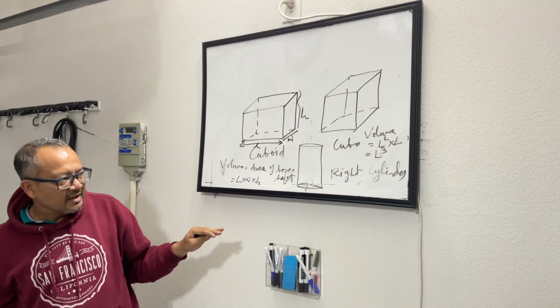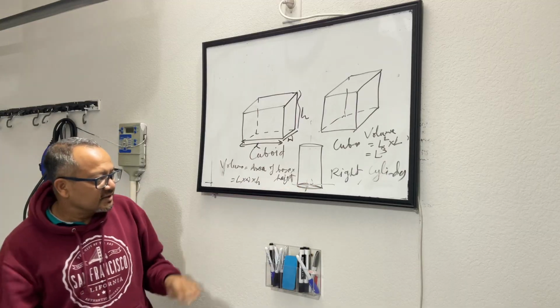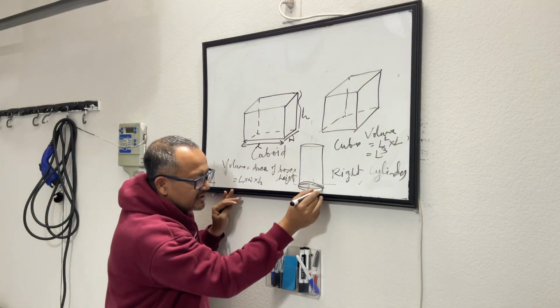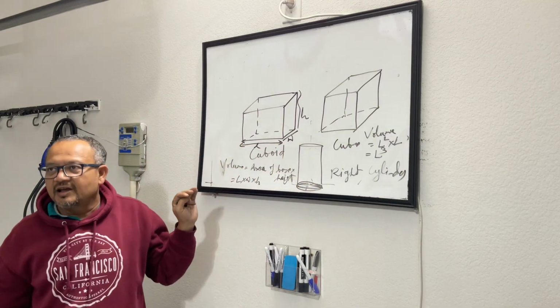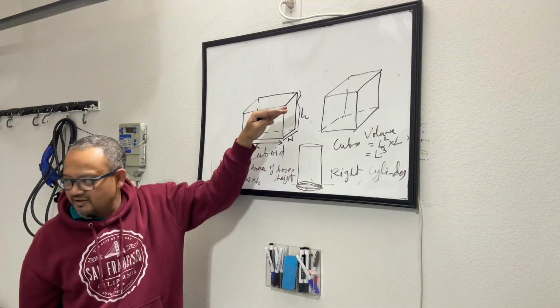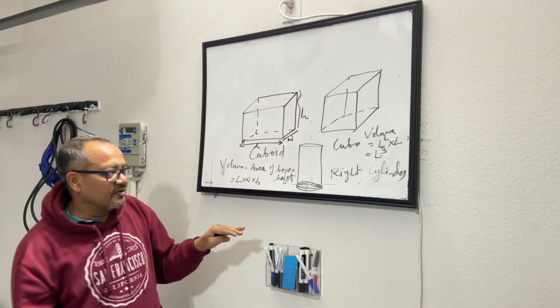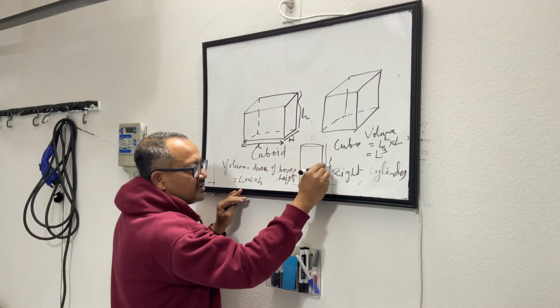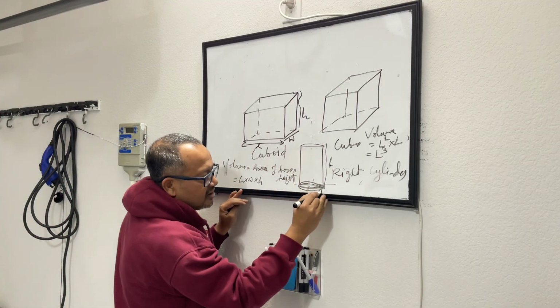If you're talking about a right cylinder, same thing, you'll find out the area of the base. If you recollect, area of a circle is pi r squared. Volume of the cylinder: this is your height, the radius is r.